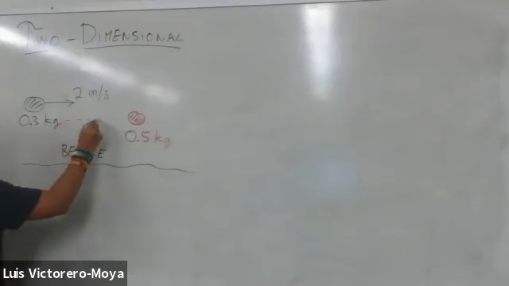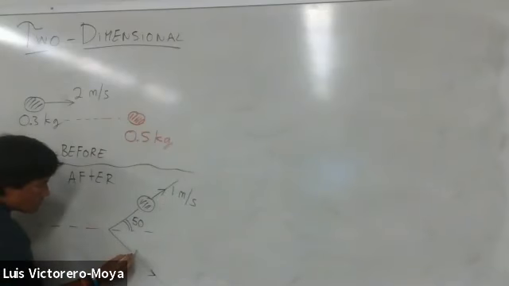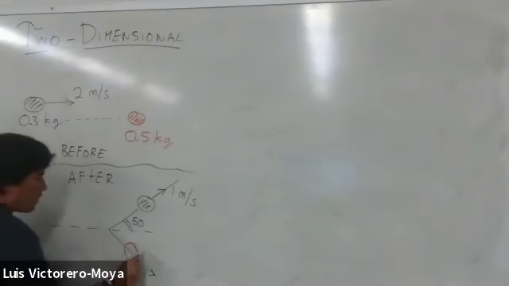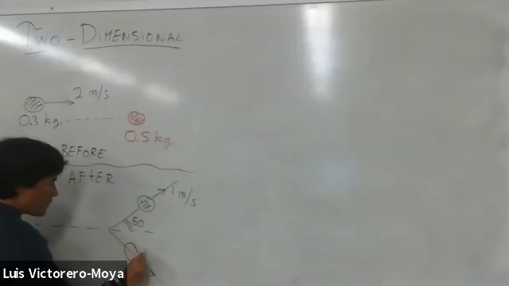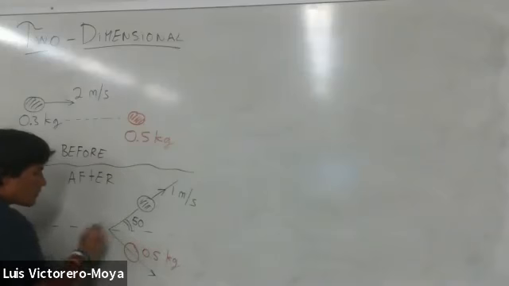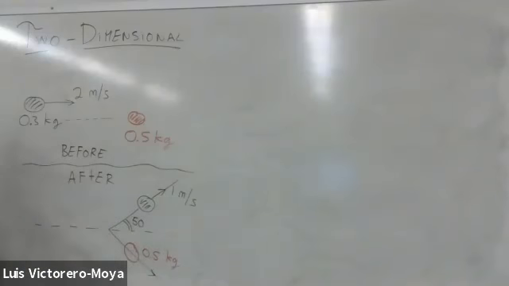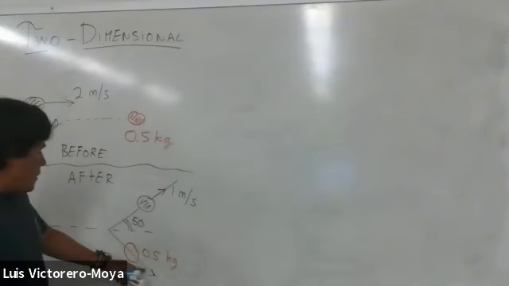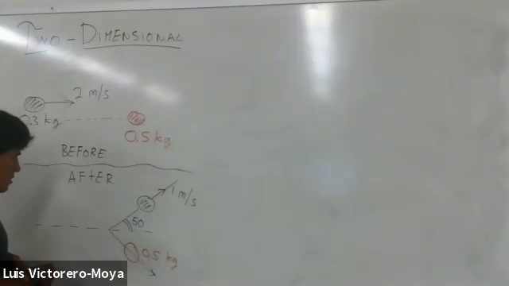And this velocity is also given. No, it's not given, sorry. You want to find it. This is 0.5 kilograms. That's the only information you are given. You want to find the velocity and the angle.